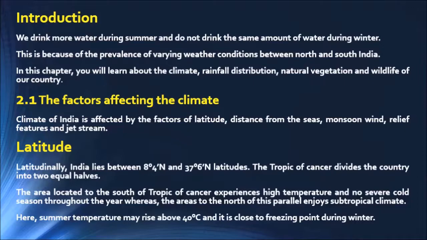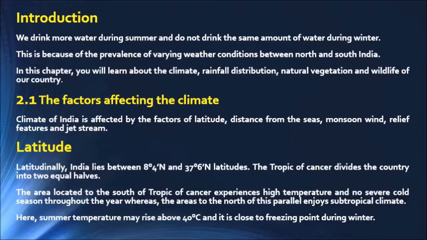In summer, we drink lots and lots of water, and in winter, we avoid drinking water. We do not feel thirst, right? This is just because of the change in weather conditions, the change in climatic conditions. So this is the introduction of this lesson, and in this unit, we will learn about climate, rainfall, natural vegetation and wildlife of our country.